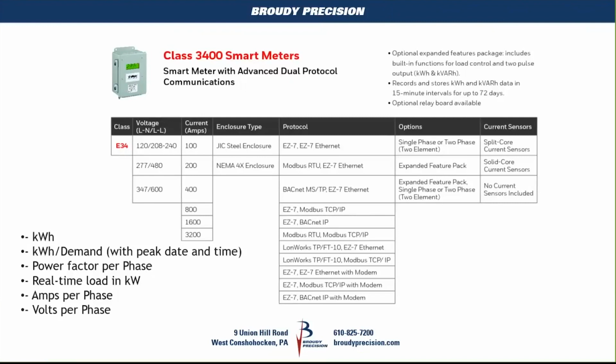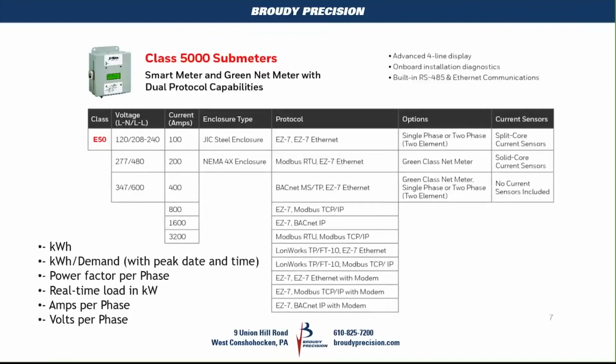The next class of meter is the 5000 submeter. Again, dual protocol. Does 485 as well as Ethernet. I see it has a LON flavor for those of us that are still using LON.